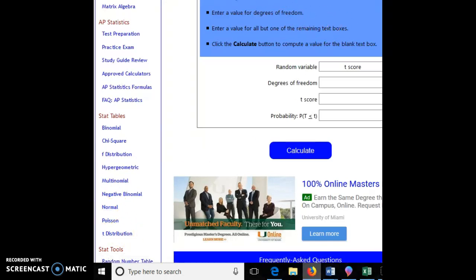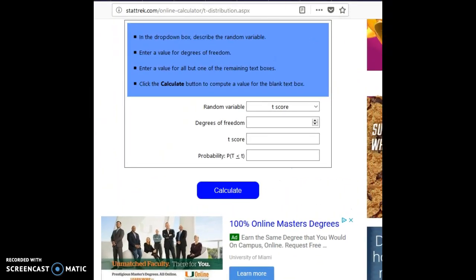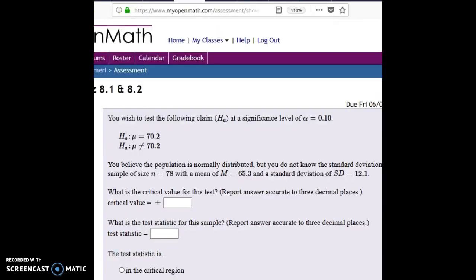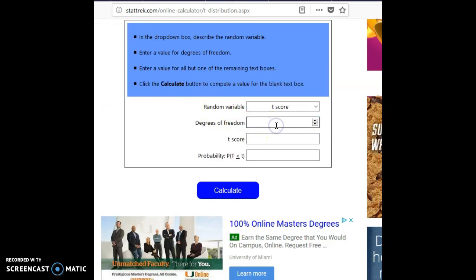And when we click on that, we get this calculator here. All right, now the degrees of freedom are always one less than our sample size. So let me go back here. Our sample size was 78, so our degrees of freedom are 77. All right, so I'm going to put those into the calculator. 77.